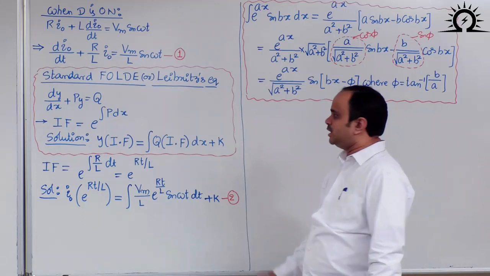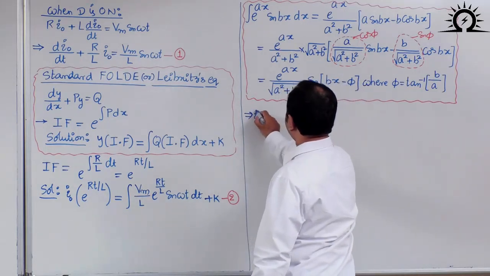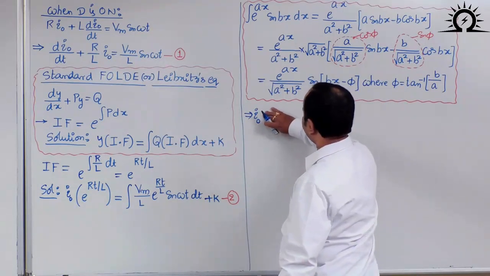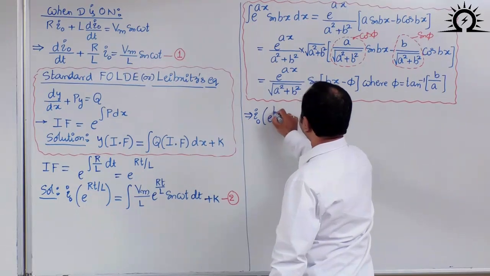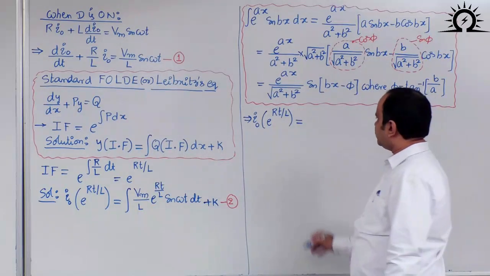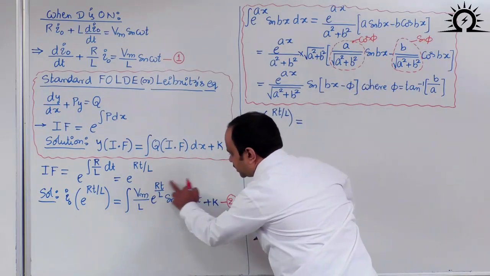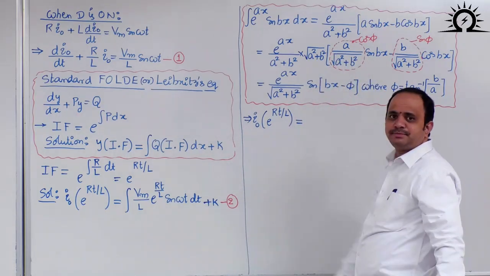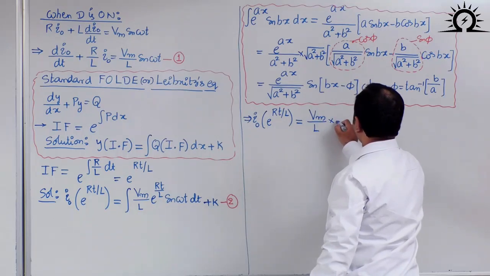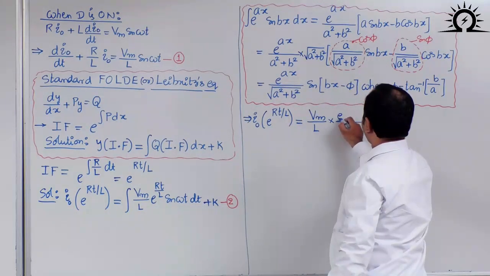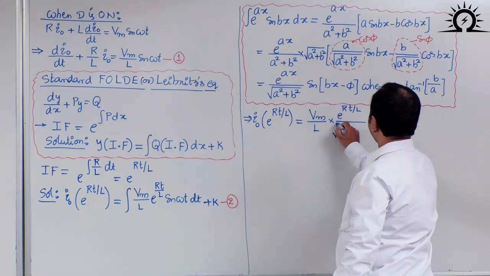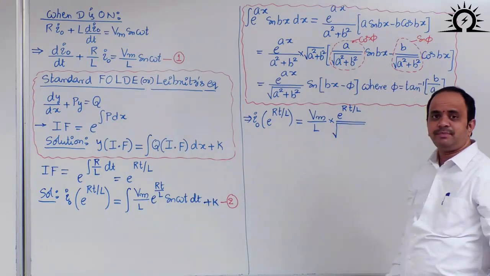How to write that down? Now I am continuing from equation number 2. I naught multiplied with e power RT by L is equal to, now this particular term I can simplify by using this mathematical conclusion. What is that? Vm by L multiplied with e power ax, that is nothing but e power RT by L, with denominator root of a square plus b square.